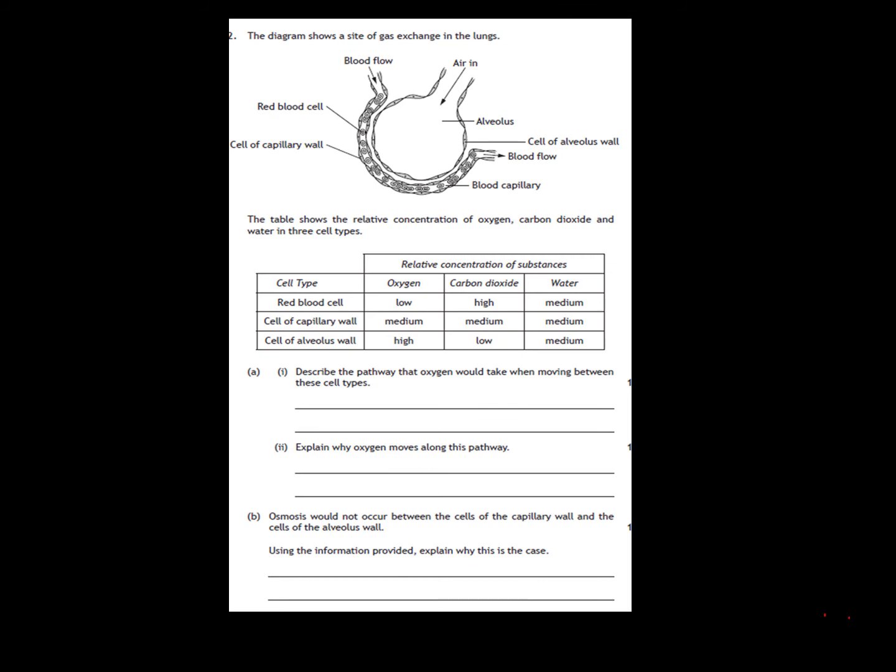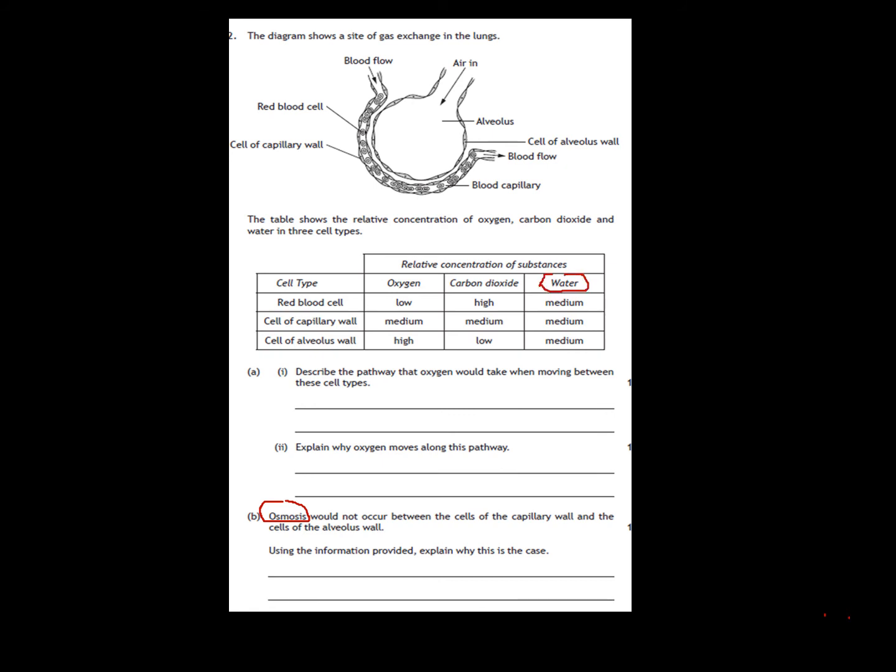So then it says for B, osmosis would not occur between the cells of the capillary wall and the cells of the alveolus wall. Using the information provided, explain why this is not the case. So we know that the information must be somewhere on this page because it says use the information provided. So if we have a look, because we're talking about osmosis, it's going to be water, which we need to go into more detail on in the next video.